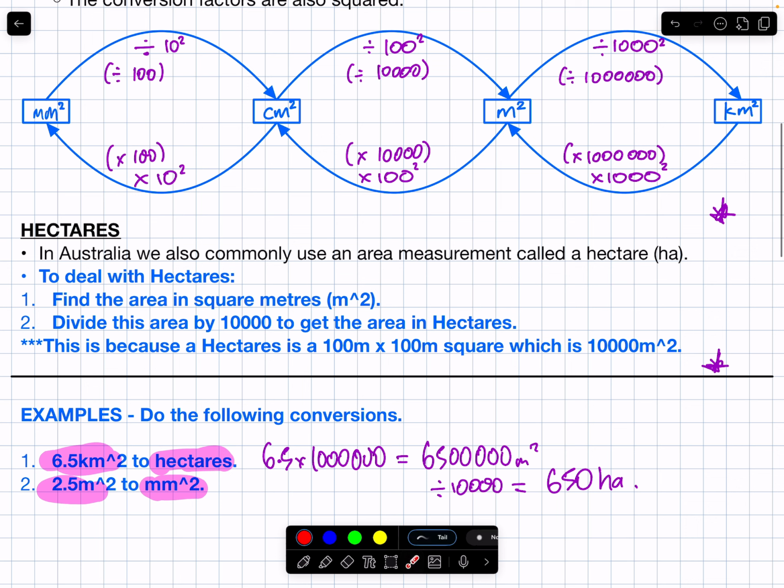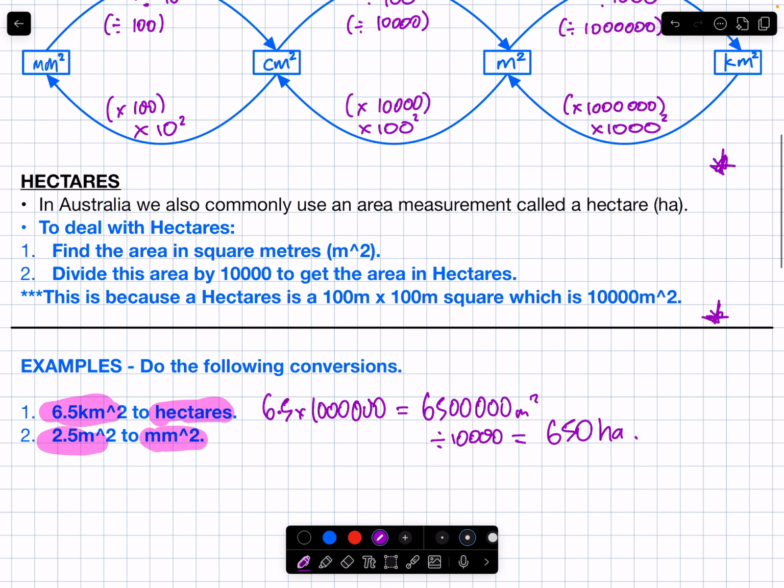Okay, next one, 2.5 square meters to square millimeters. This, I believe, is 2 steps. We're in square meters. We're going to square millimeters, so we need to times by 10,000 and then times by 100. So 2.5 times 10,000. Jump 4 zeros, 25,000, and then 25,000 times by 100.